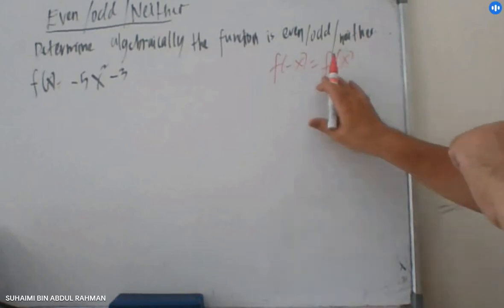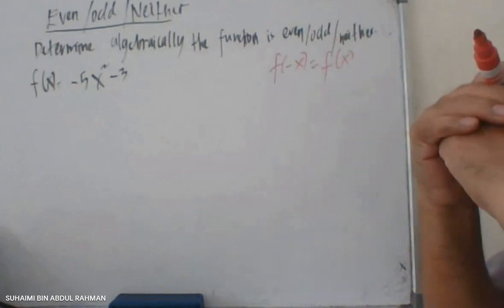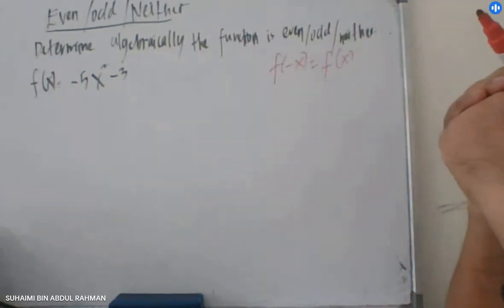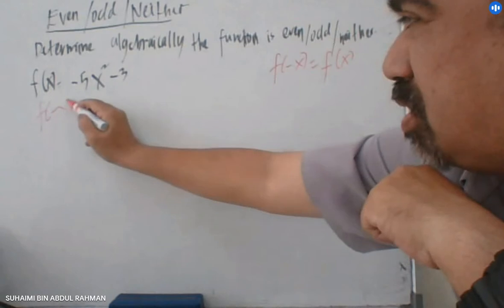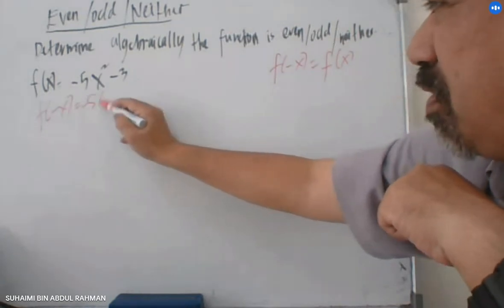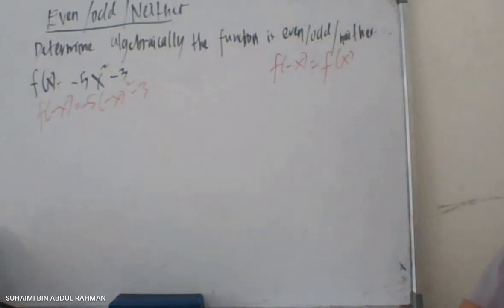So we just test whether it is even or odd. f of minus x is minus 5 minus x squared minus 3. Before we go to the symmetry, definitely not domain.